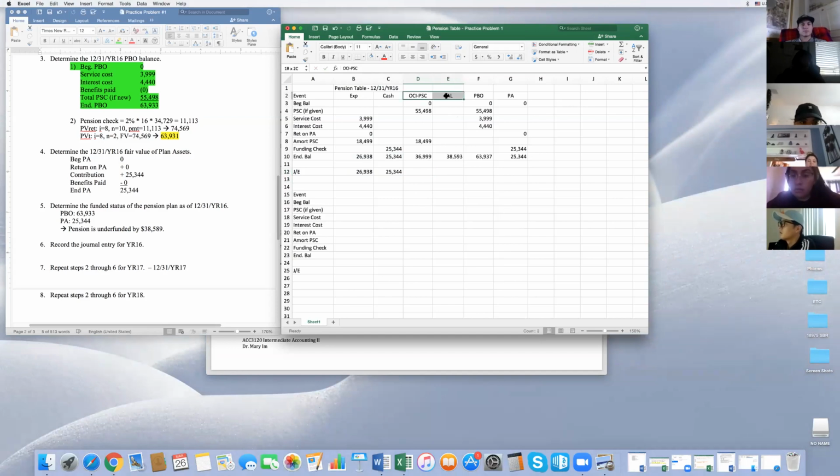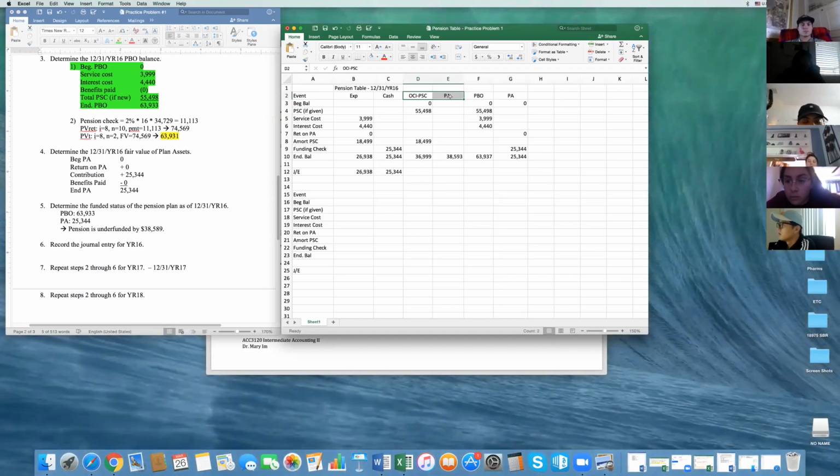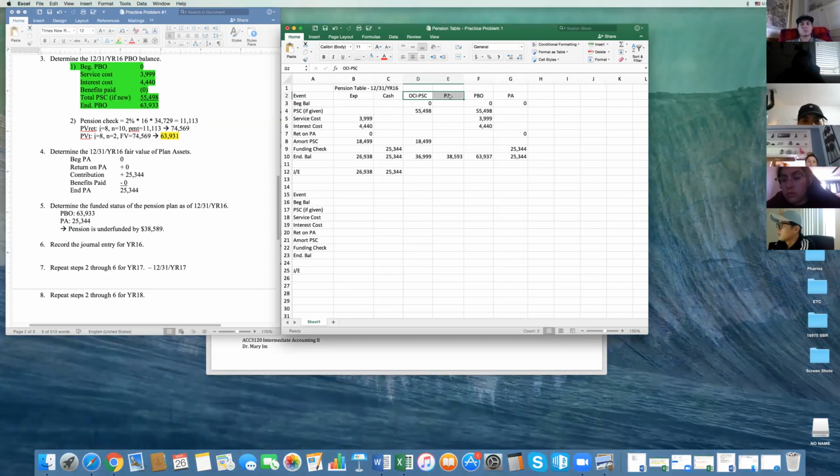For these two things, since they are balance sheet accounts, we will journalize the change for the year.